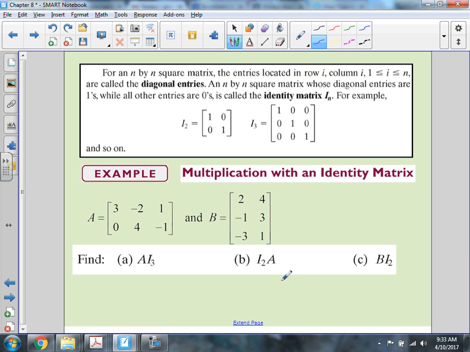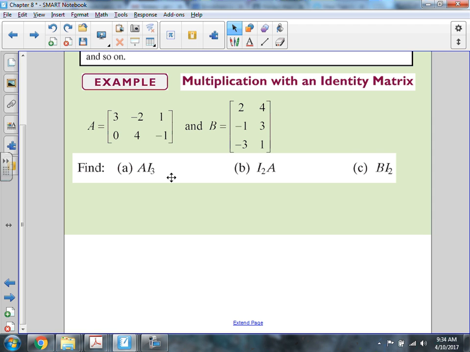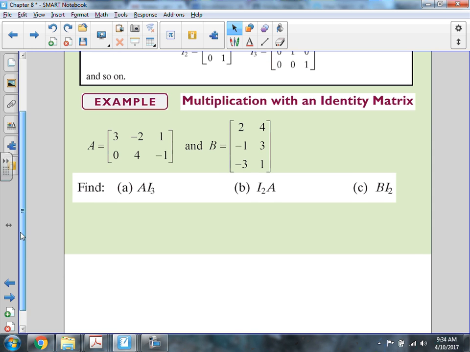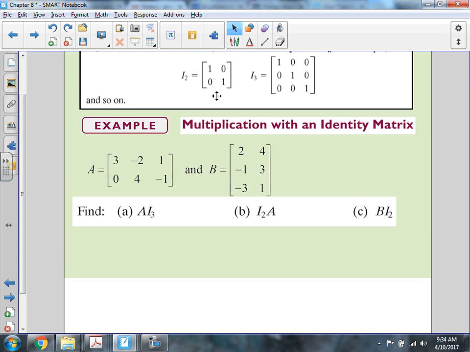And so what we can do here is show that these are truly the identity. I don't know if we'll have to do all three of these, but we certainly can if we want to. So the first thing we're going to do is find A times I3. I'm just going to scroll up a little so we can see I3. So A is given up here.